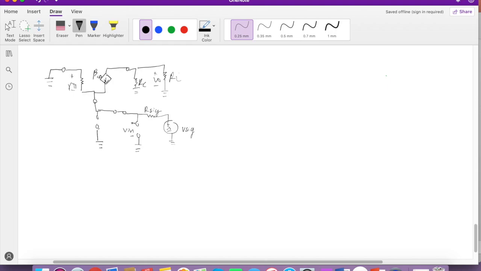So for our output resistance, we're going to be doing something similar to the input resistance. We have to find a Thevenin equivalent. So how are we going to do that? Again, we're just going to add a 1 amp current source and find the voltage across it. Here we can replace RL with this current source.